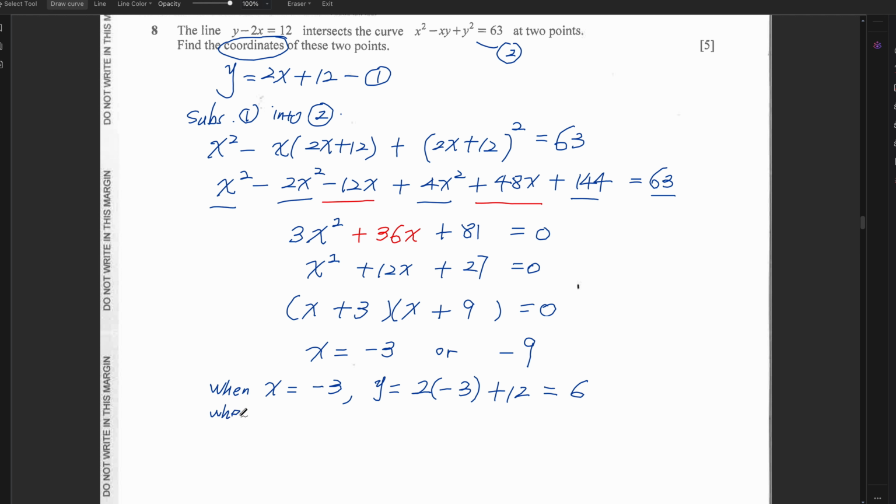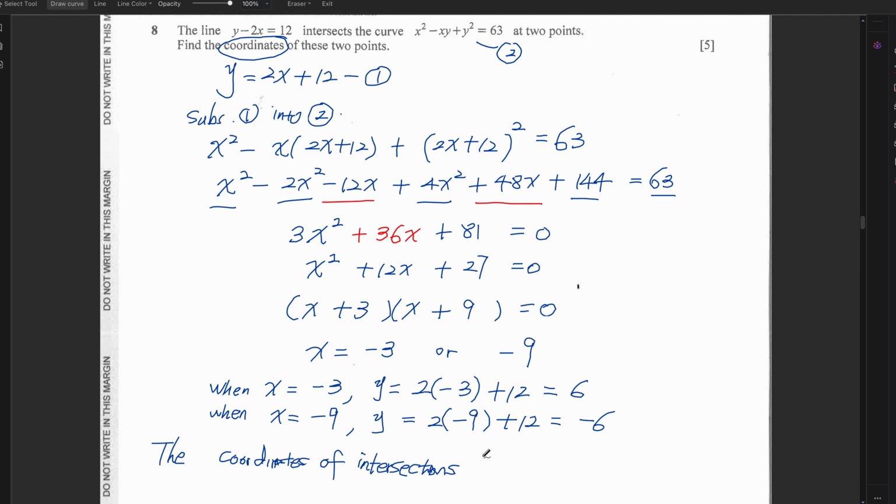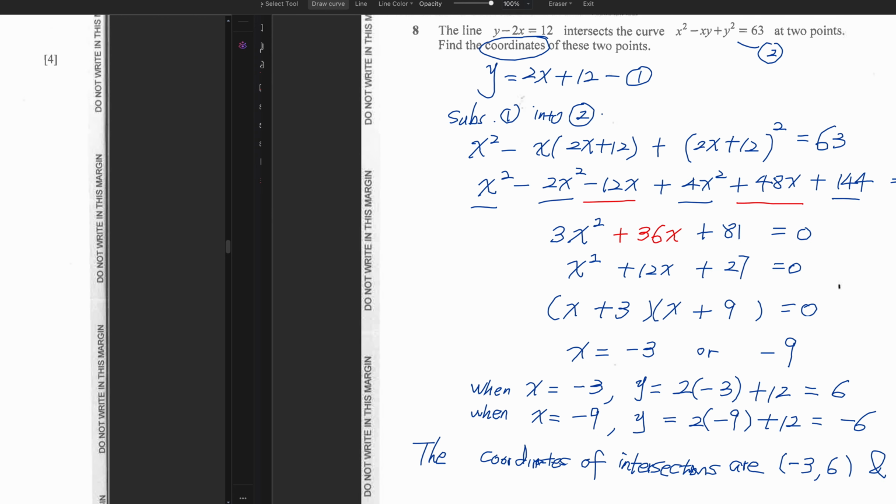And when x equals to negative 9, y equals to 2 negative 9 plus 12 gives us negative 6. All right, the coordinates of intersections are negative 3, 6, and negative 9, negative 6.